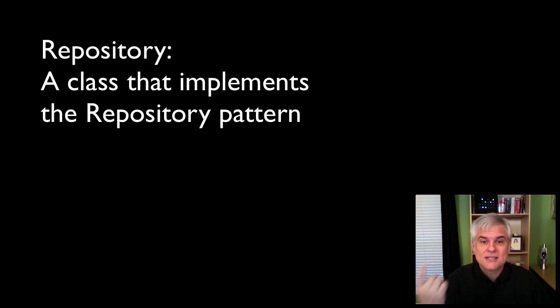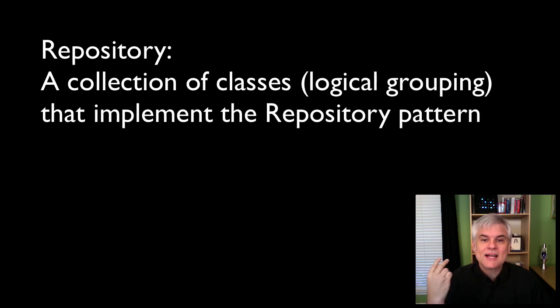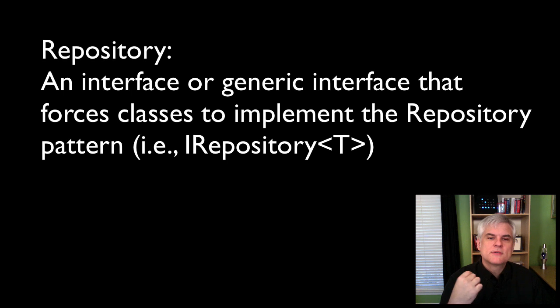It can refer to a single class that implements the repository pattern. It can refer to a logical grouping of classes that all implement the repository pattern, almost like a layer unto itself. And it can also represent an interface that repository classes implement, such as the IRepository of T that we're going to talk about throughout the series.